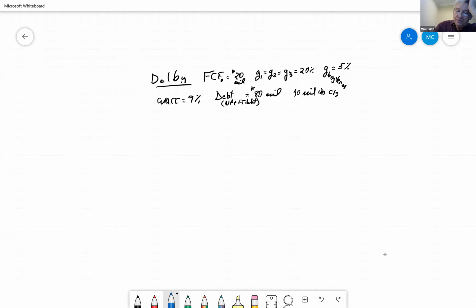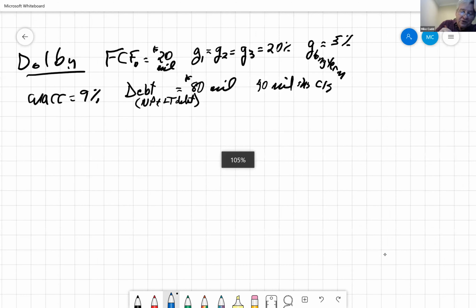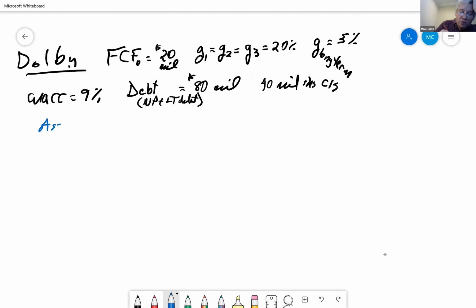To make this work, we assume there'll be the sale of the operating assets at the end of the non-constant growth period, which would be period 3. Now, the value of the operating assets is the present value of all future free cash flow.